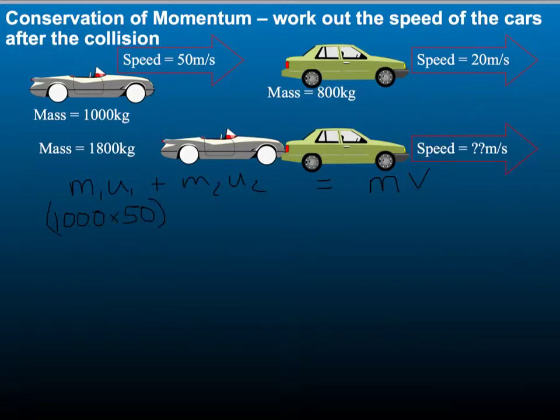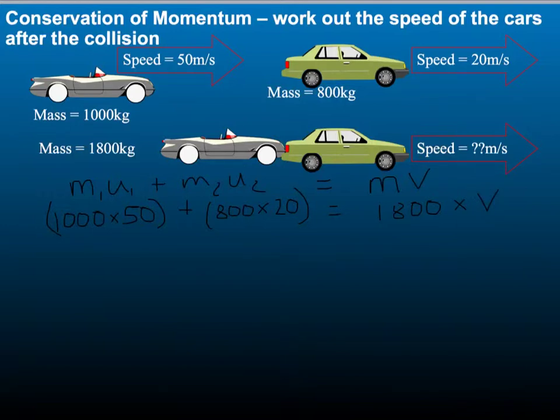Remember, that needs putting in brackets because you need to do that calculation before you add the next one on. Object 2 is 800 and its initial velocity is 20, and that equals the mass of the new object, which is 1800, times v, which is our unknown.